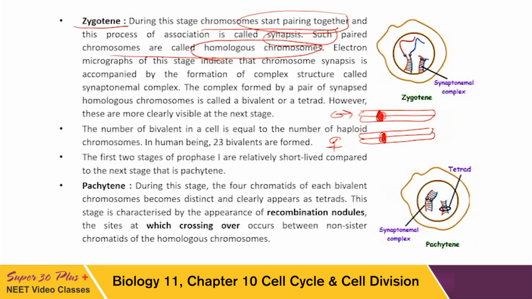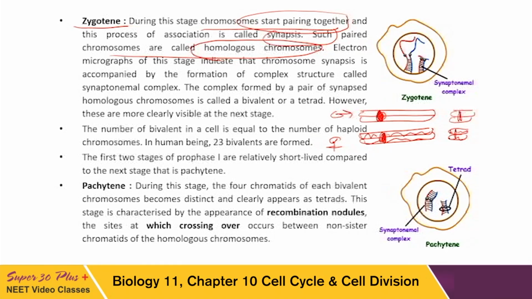It is known as homologous. Let this be the other pair of chromosomes, this is the smaller one and this is the other one. How to differentiate? This chromosome is from the mother, and this is also from the mother. It is known as homologous pairing of chromosomes.